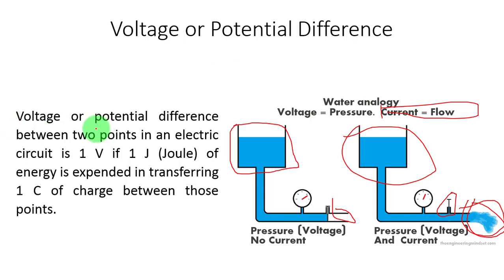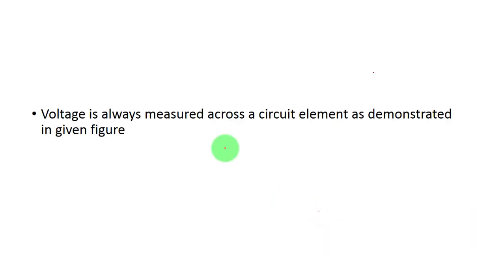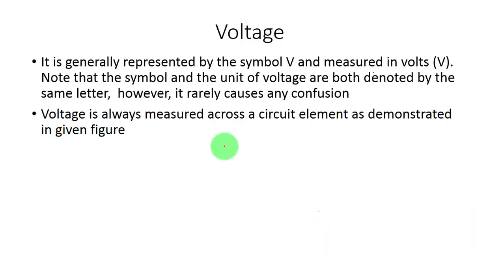Voltage or potential difference between two points in an electric circuit is, if 1 volt, then we can say 1 joule of energy is expended to transfer 1 coulomb of charge between those two points.